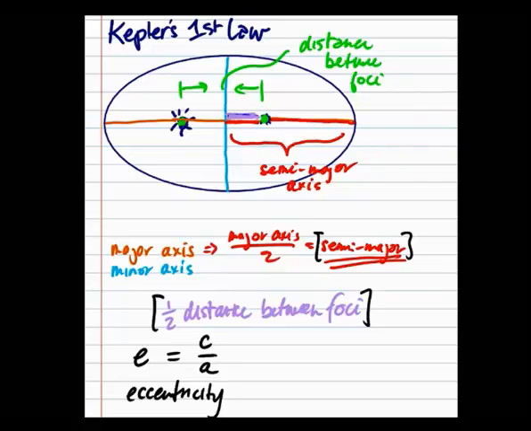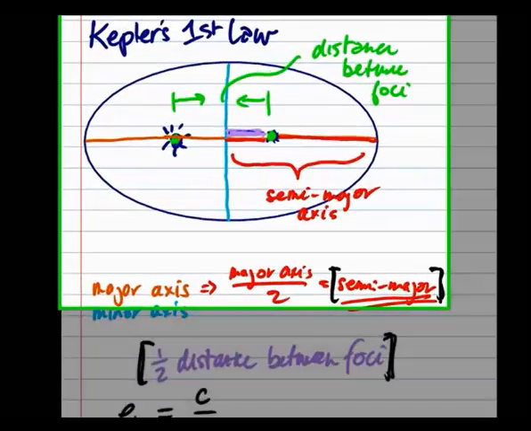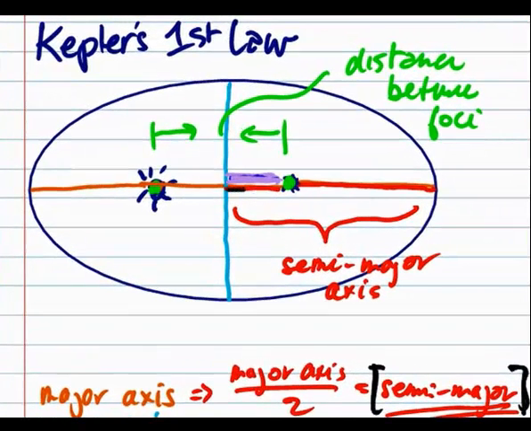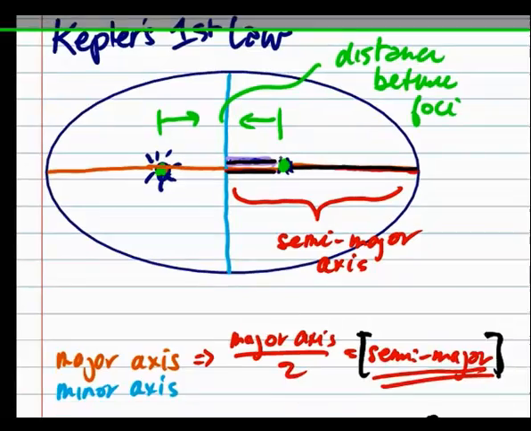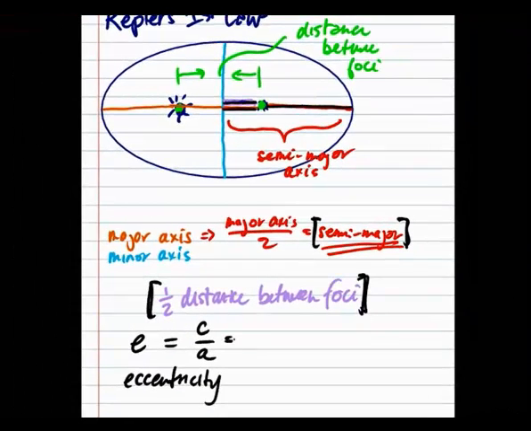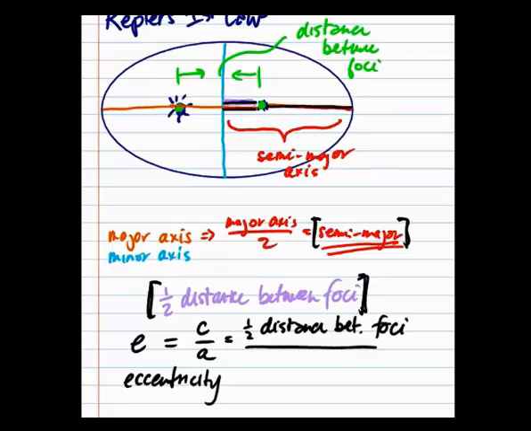Now take a look again at our two things that are of interest to us. We've got a semi-major axis that stretches all the way across here, and then we have half the distance between the foci, which is right here. Now which one is the smaller value? It's going to be half the distance between the foci. So that's what goes upstairs. Half the distance between the foci is what C is equal to.